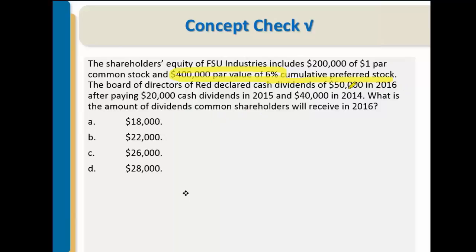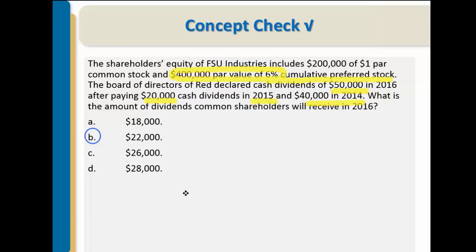So in 2016, it was $50,000 cash dividend, after paying $20,000 in 2015 and $40,000 in 2014. So the issue becomes what is the amount of common stock dividends that shareholders will receive in 2016? B. Okay, so we got B here.